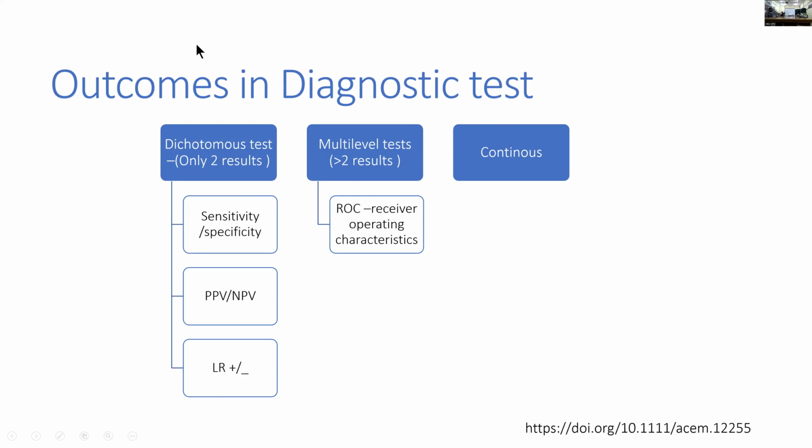The most common tests have a dichotomous result. In that we can calculate the sensitivity, specificity, the positive or negative predictive value, and the likelihood ratio. Today's test also shows this, so we will be discussing this in detail.